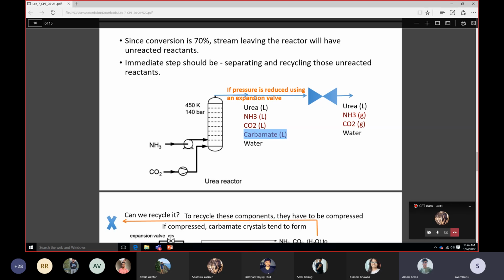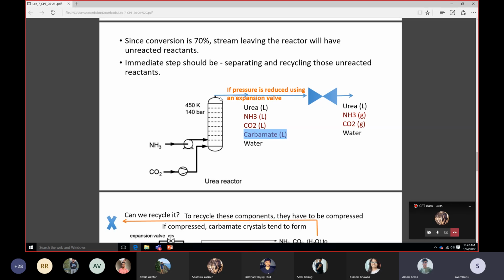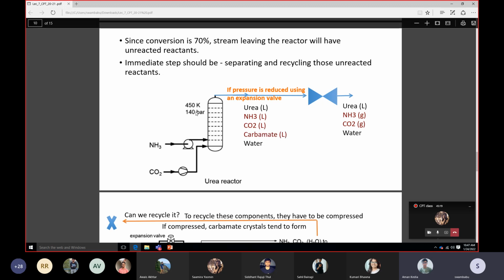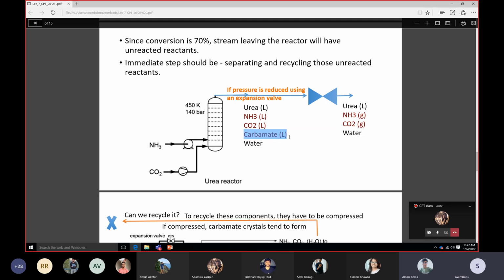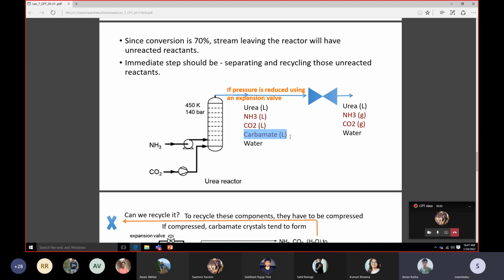What is the pressure here? The stream leaving the reactor is at around 140 bar pressure. So how do we convert this carbonate into unreacted reactants? The unreacted reactants are ammonia and CO2.